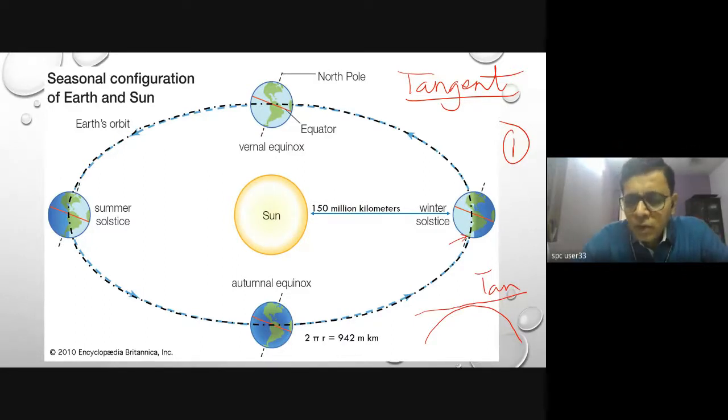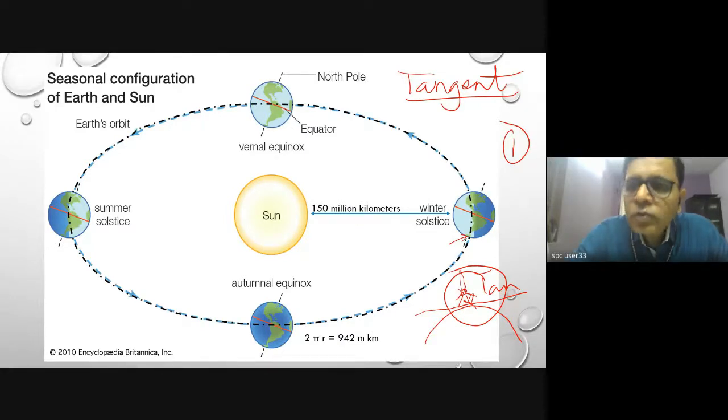Now, I'm going to draw a tangent, but there is one more condition, that the sun's rays have to be perpendicular at this tangent. Now, this geometrical meaning in geography is that if a person is standing at that tangent, the sun's rays are going to be overhead.